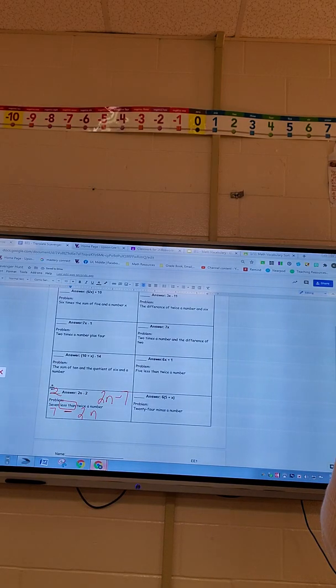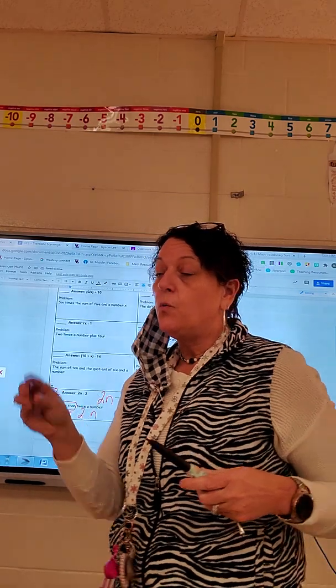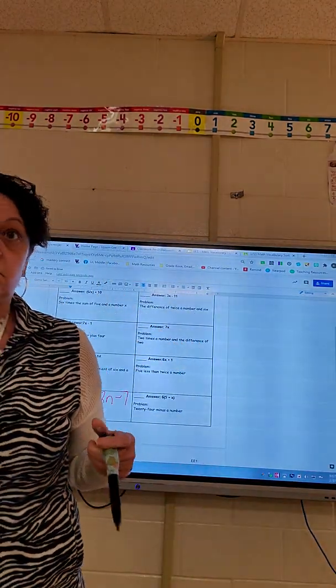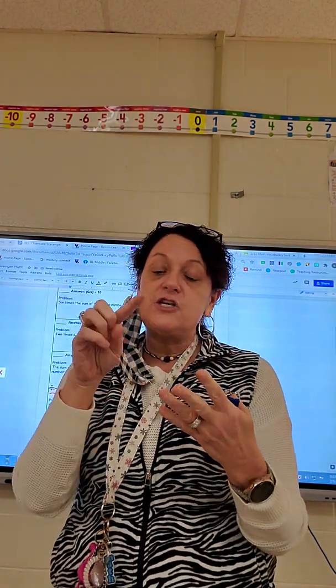Order matters with subtraction and division. You have to be very careful when you're writing subtraction and division, because sometimes the way it's written verbally may not be exactly the way it translates when you translate it to your math. Okay? Does that make sense?